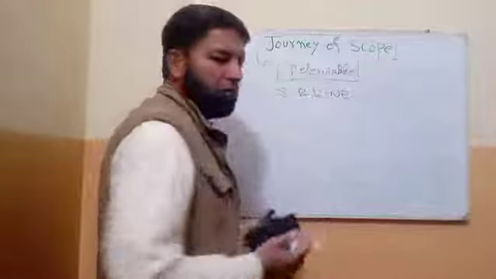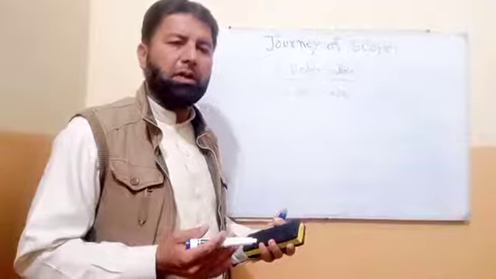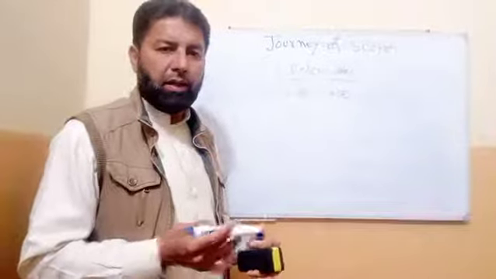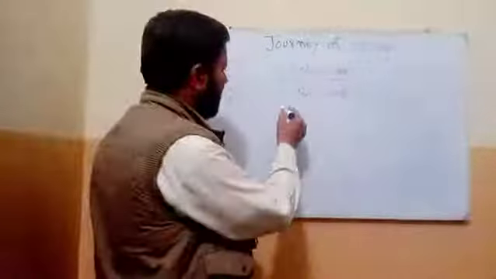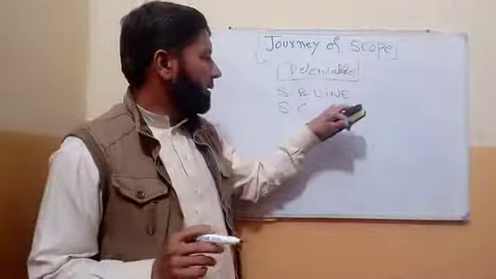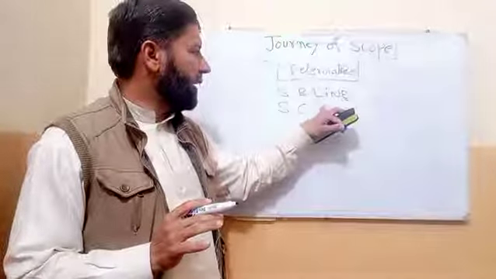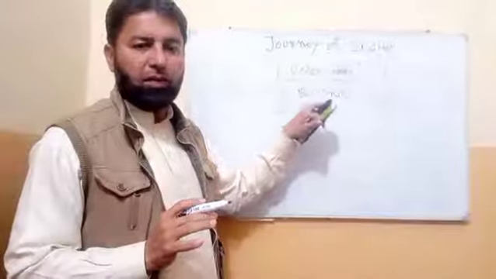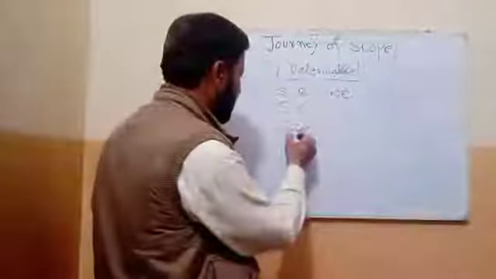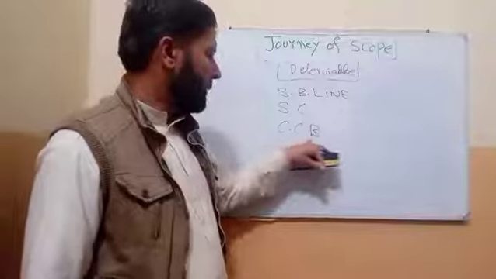Some students are confused regarding scope creep and gold plating, so I will explain. What is scope creep? When the client adds anything to the scope baseline without going through the change control board, that is called scope creep.